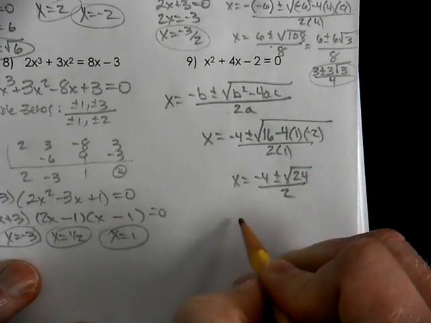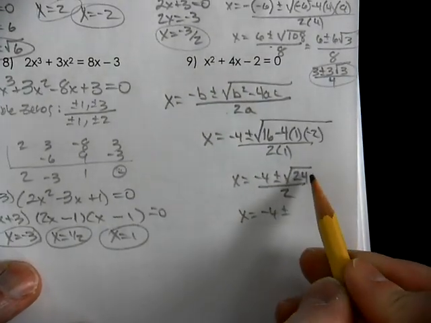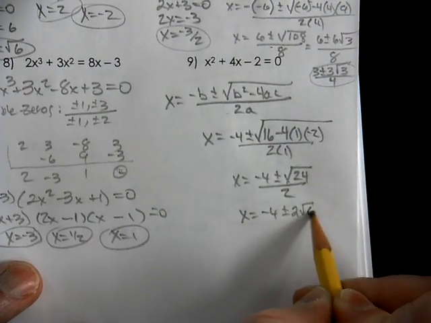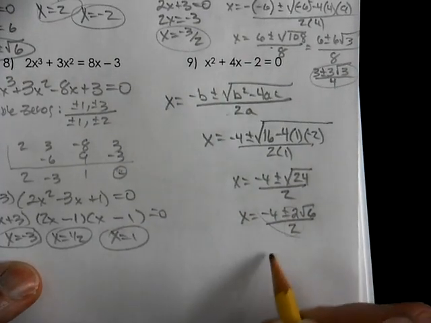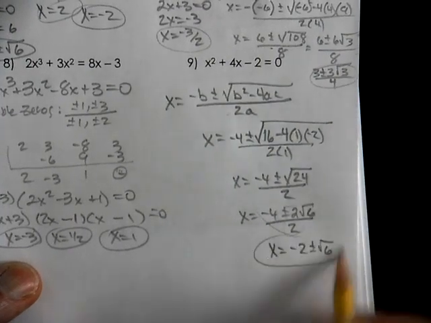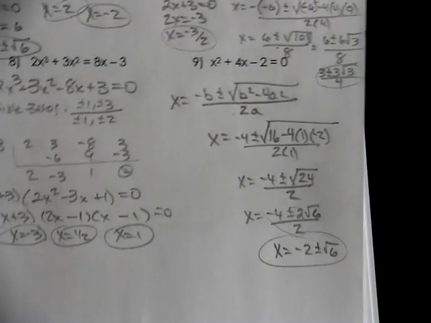And 24 can be broken down. That's 6 times 4. So the square root of 4 is 2. So that's 2 root 6. So we can reduce on both sides. You have to be able to reduce on both sides. So there's your answer using the quadratic formula.